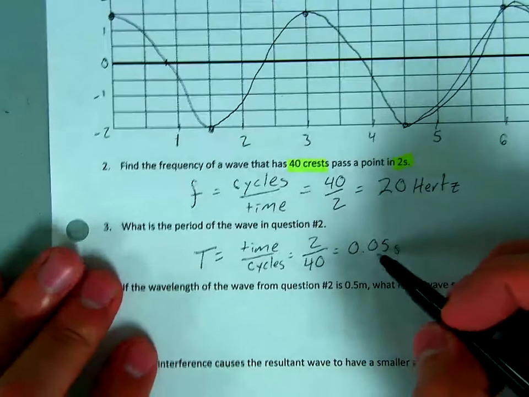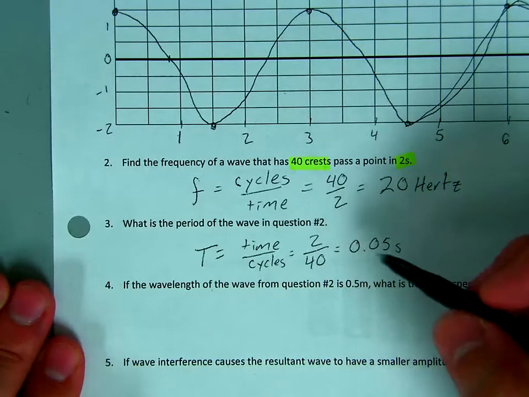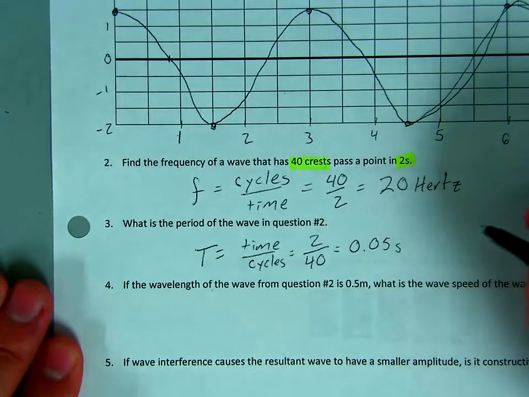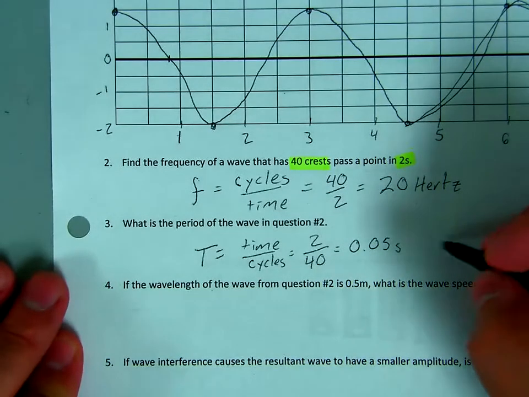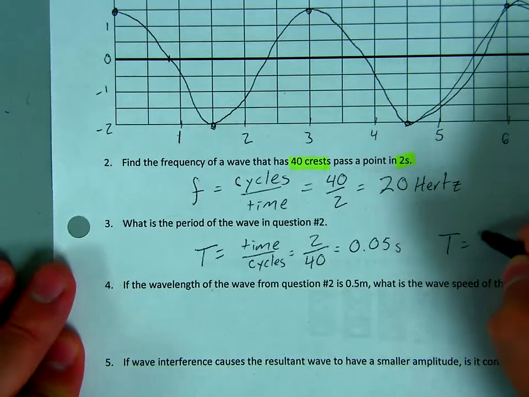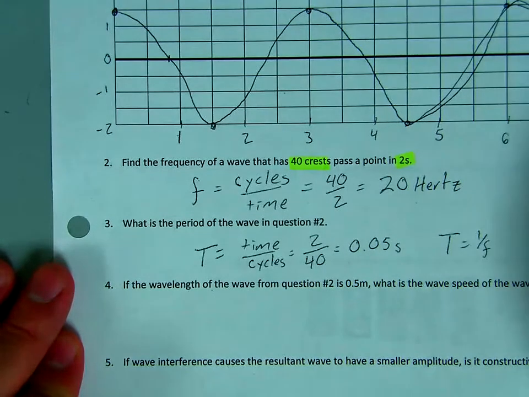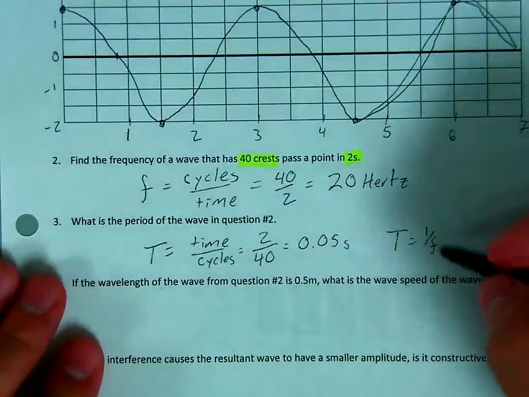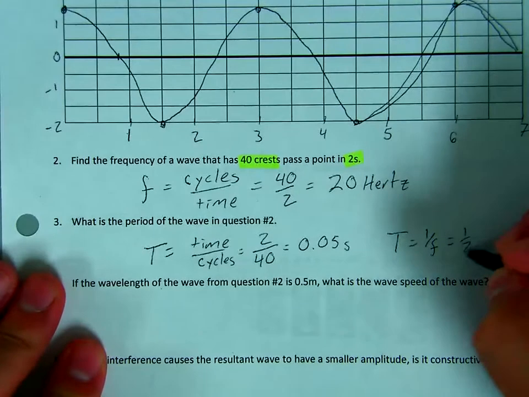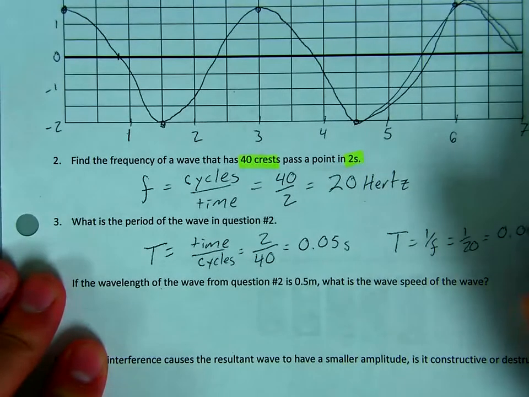So it would take 0.05 seconds for 1 wave to pass. The other way to do it is to do the reciprocal of the frequency, so 1 over the frequency, so 1 over 20 is 0.05 seconds.